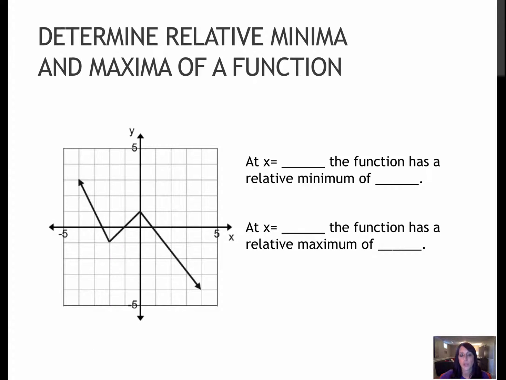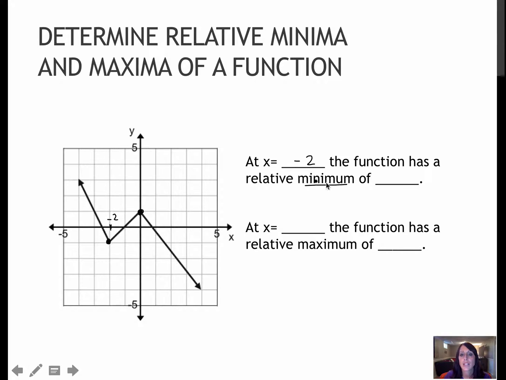So looking at this graph, I can see that I have a point that is lower than all of the other points around it, and I have a point that is higher than all of the other points around it, and then to the left it just goes on forever upward, and to the right it goes on forever downward. Those aren't going to be relative minima or maxima because they don't ever end. But if I'm looking for a relative minimum, that would be at x equals -2.